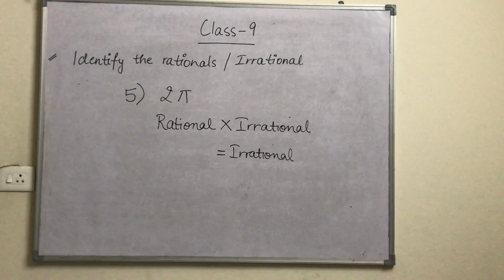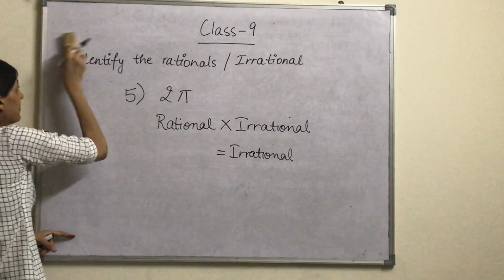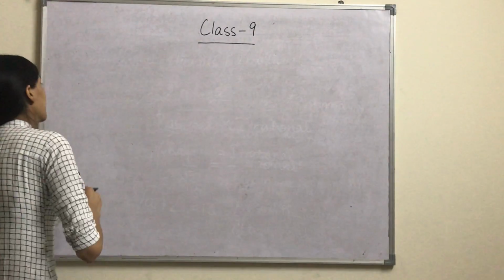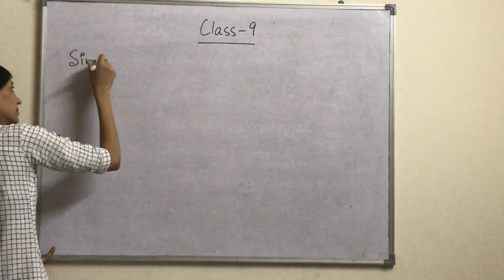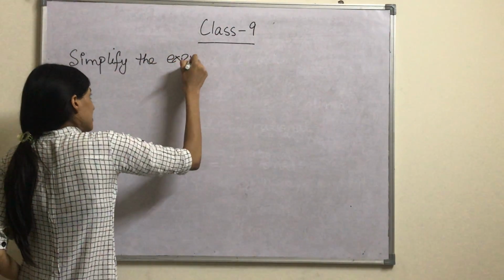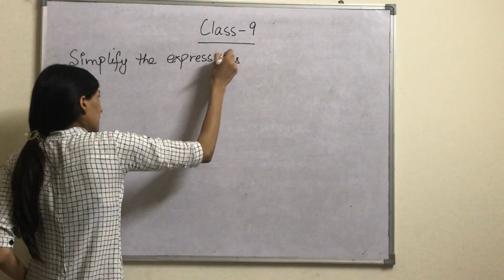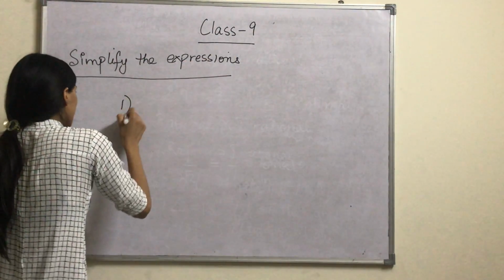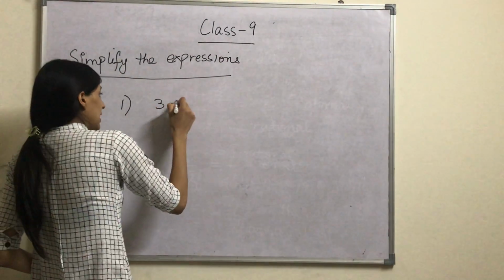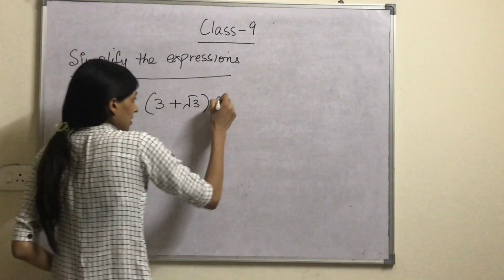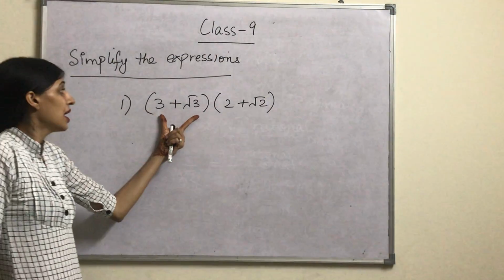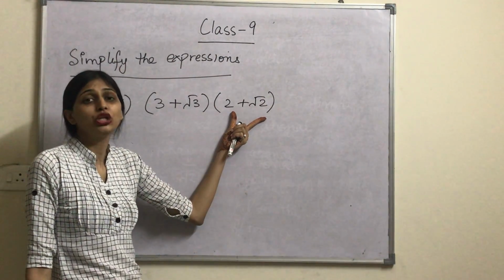Now the next question is, you have to simplify the expressions given to you. The first expression is (3 plus root 3)(2 plus root 2). Now, there are two different types of numbers in the two given brackets.